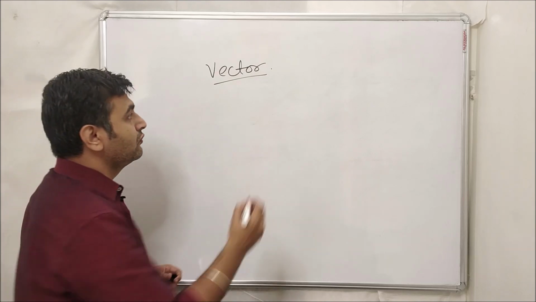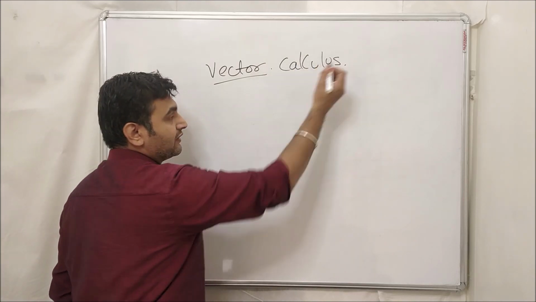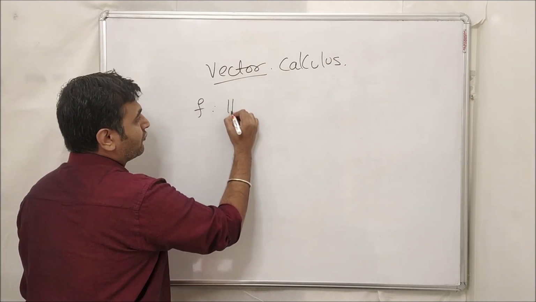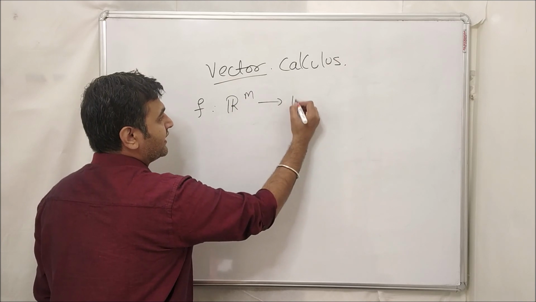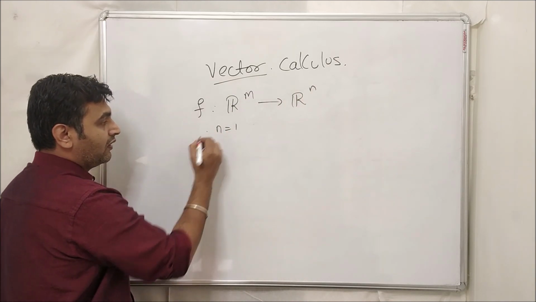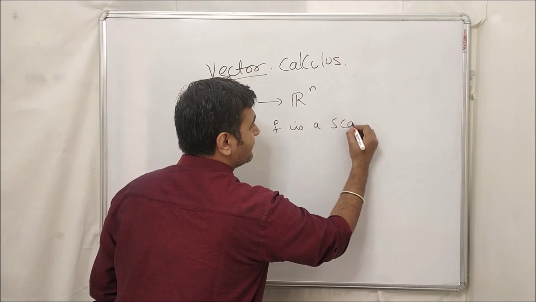Okay, so I have already told you what vector calculus is, or what you study in vector calculus. Now suppose you have a function, say from m dimensional space to n dimensional space. Now suppose when your n is 1, then we say that your f is a scalar valued function.